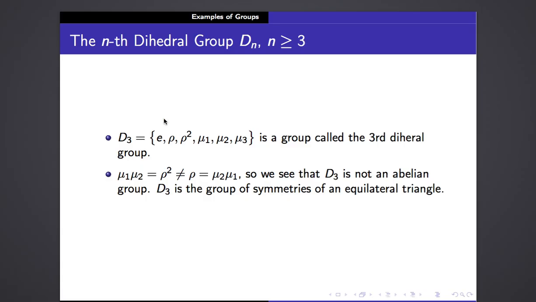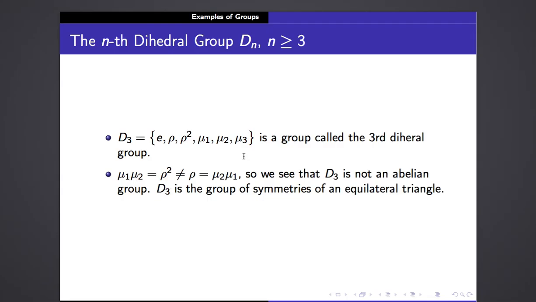And in this case, the nth dihedral group D sub n, actually D3, we are talking about only D3 when n equals 3. There are 6 elements: E, rho, rho squared, mu1, mu2, mu3. This forms a group called the third dihedral group.